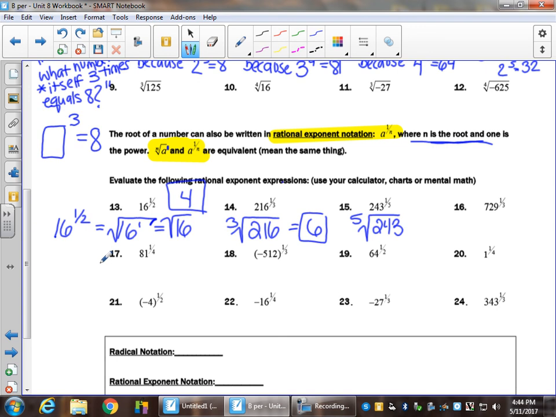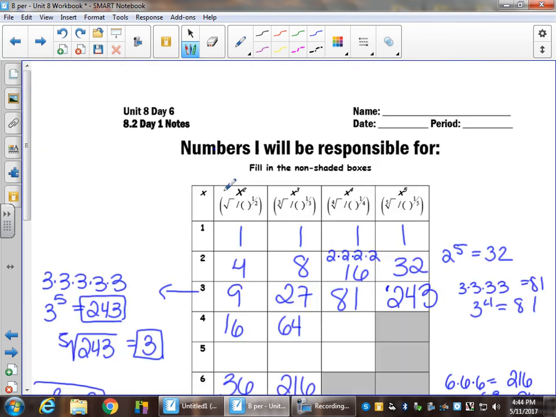My question to you, what root am I taking? Well, I look at the denominator. As soon as I hear that word root, I know I am focusing on the denominator. So this is the fourth root of 81. I may know that already. If I don't, that's okay. It's our first day, so we're going to go use our chart. I find the x to the fourth column.